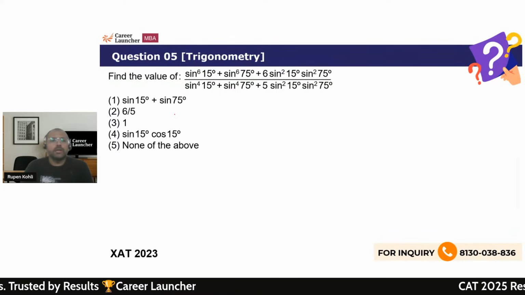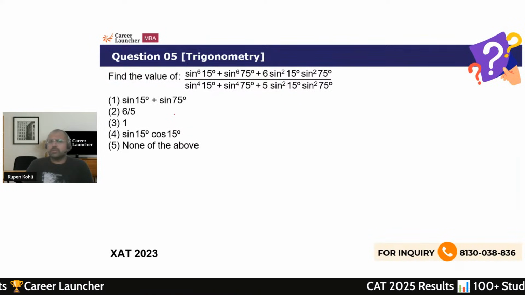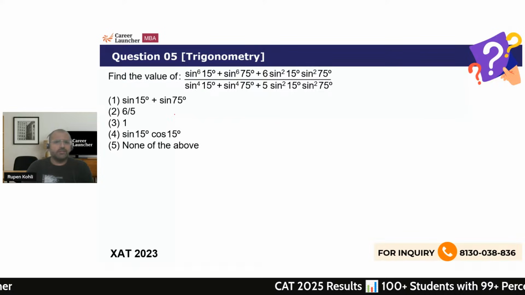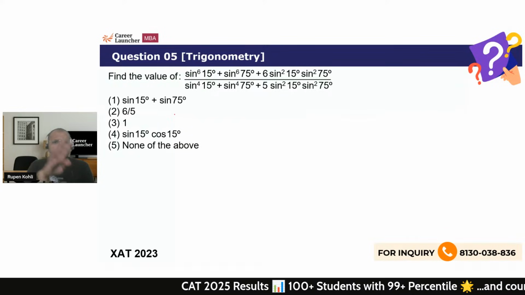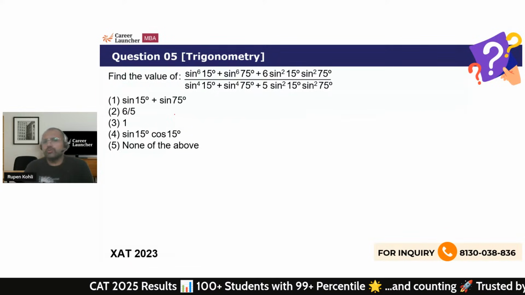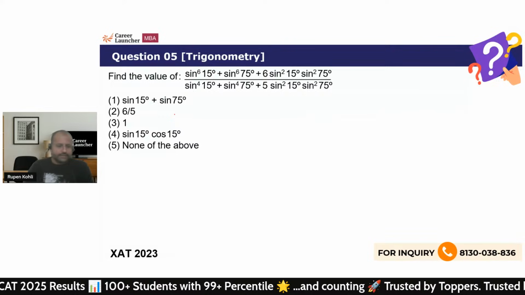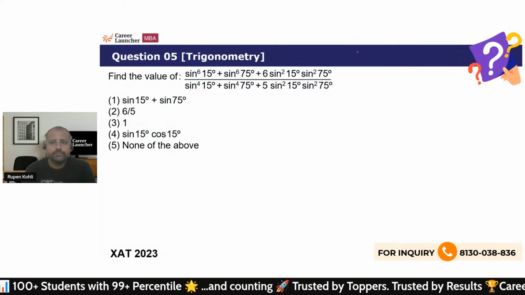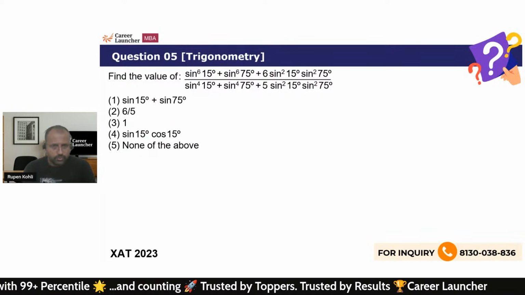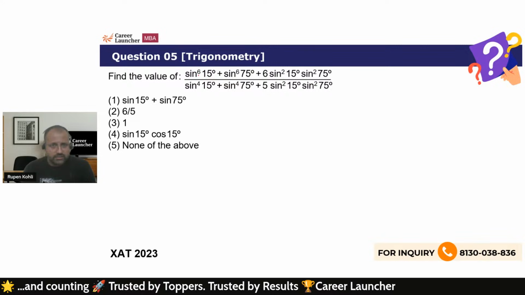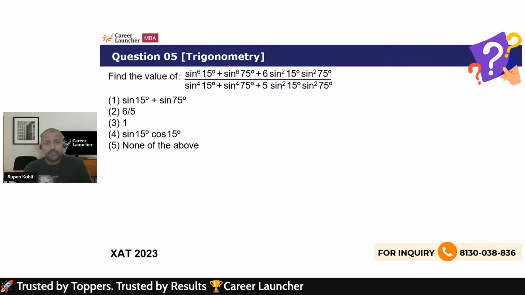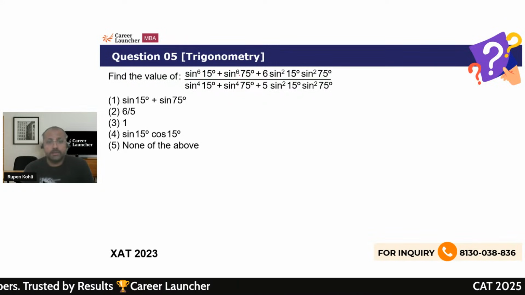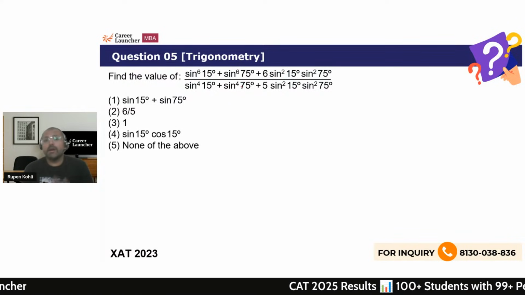Now, a very hardcore question on trigonometry with a lot of sine 15, sine 75, and so on. Well, let's see. You can see these huge powers on the trigonometric values: sine power 6, sine square, sine power 4, secant power 4, power 6.